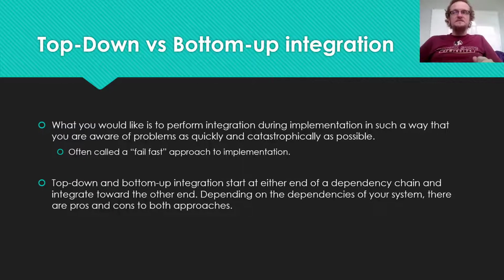What I'm trying to say is that it's very bad if you fail and you don't recognize it. So you want to be very aware that you failed, which is why you want it to be catastrophic. And you don't want to spend a lot of time on an implementation that is ultimately going to fail. So if you are going to fail, you want to waste as little time as possible on code that's ultimately going to have to be refactored.